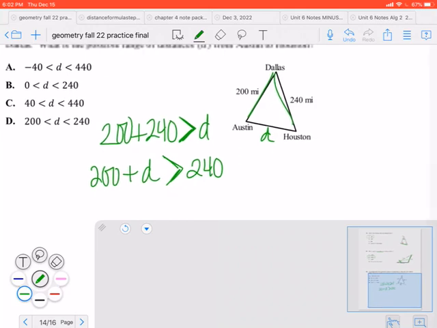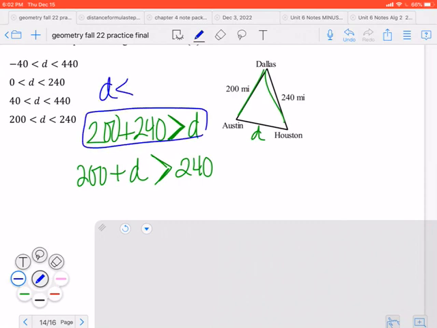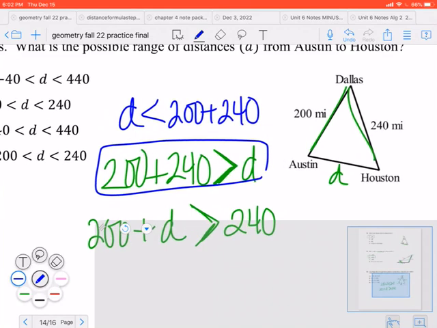So I'm going to take the top one, and I wrote them as greater than symbols. So I'm going to flip this around. D is less than 200 plus 240. And then I'm going to minus 200.